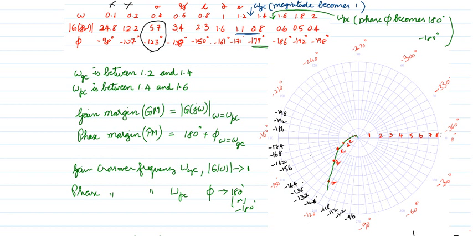Now what is the intersection point? I need the intersection point for 5.7. 5 is here, 6 is here, so 5.7 is somewhere here. And I need minus 123. This phase angle is minus 120, so 123 is somewhere in between.